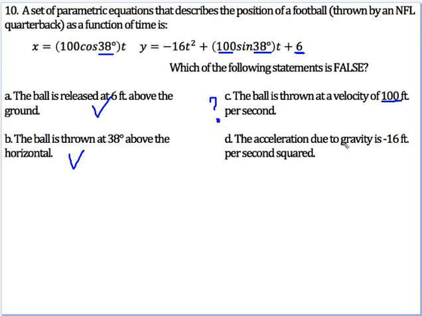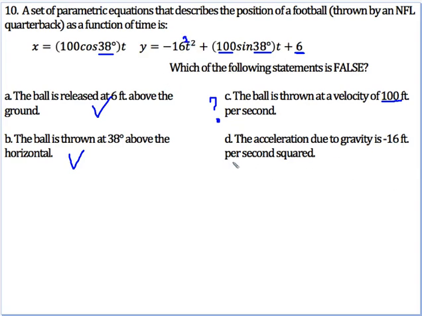The acceleration due to gravity is 16 feet per second squared. Okay, so let's look at this. If this is in feet, then it would be negative 16 here, but notice in your formula, you're not squaring 16, okay?